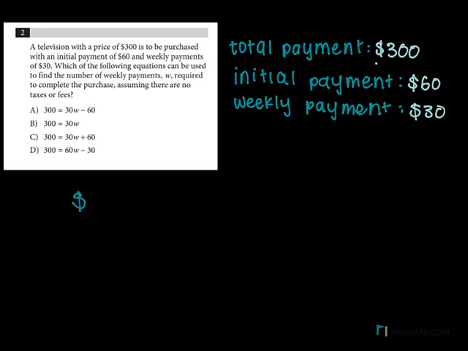So let's say 300 equals the initial payment, which is 60, plus the weekly payments, which are $30 each. So we can use W as our variable. So our equation right here correctly depicts this problem, so our answer option would be C.